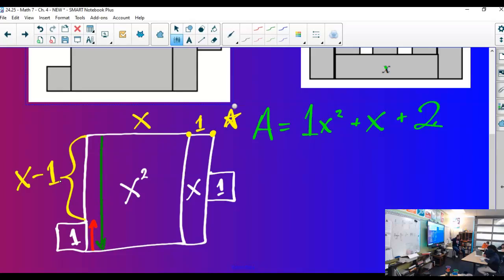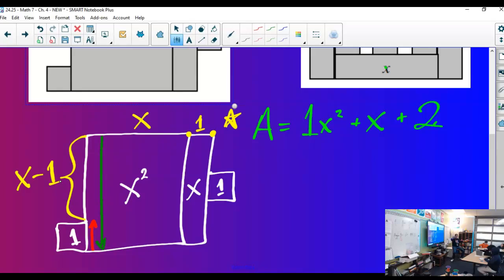Questions on how Monsef figured out that was x minus 1? It would have been x, but we didn't walk the whole x. We only walked until we hit the 1 tile, and that took away one of the length off x.